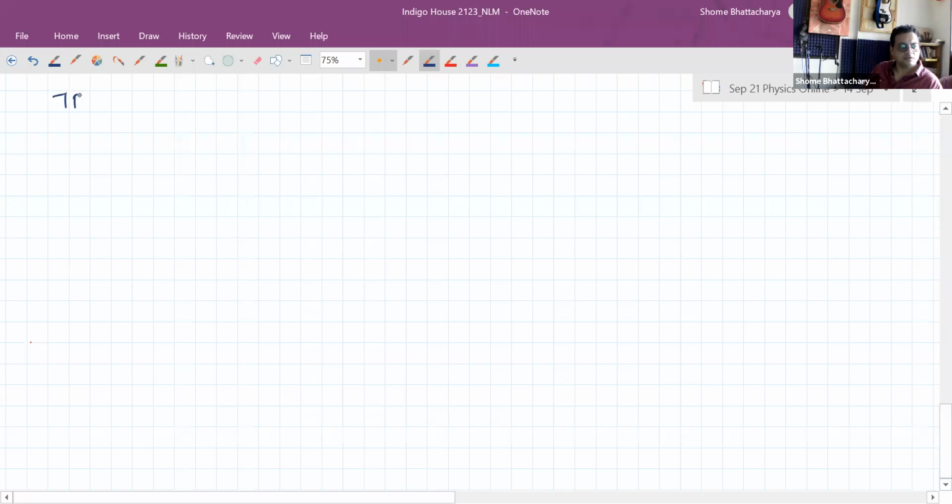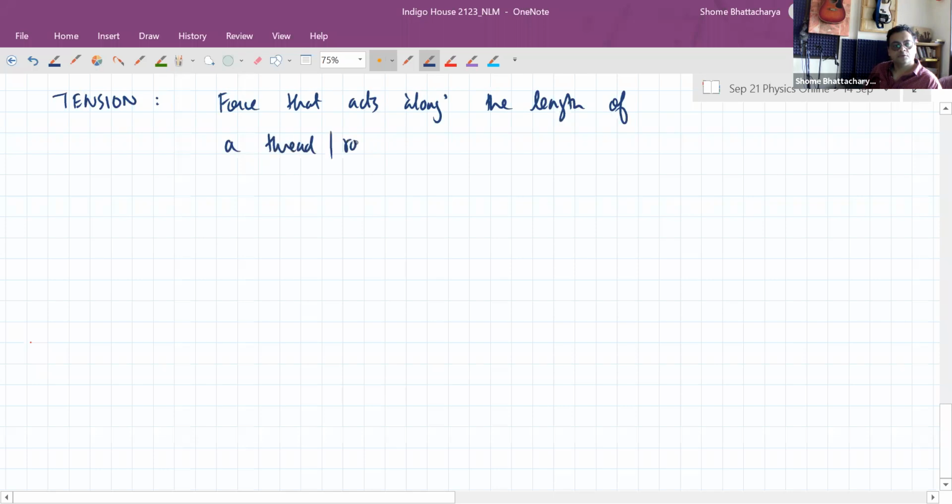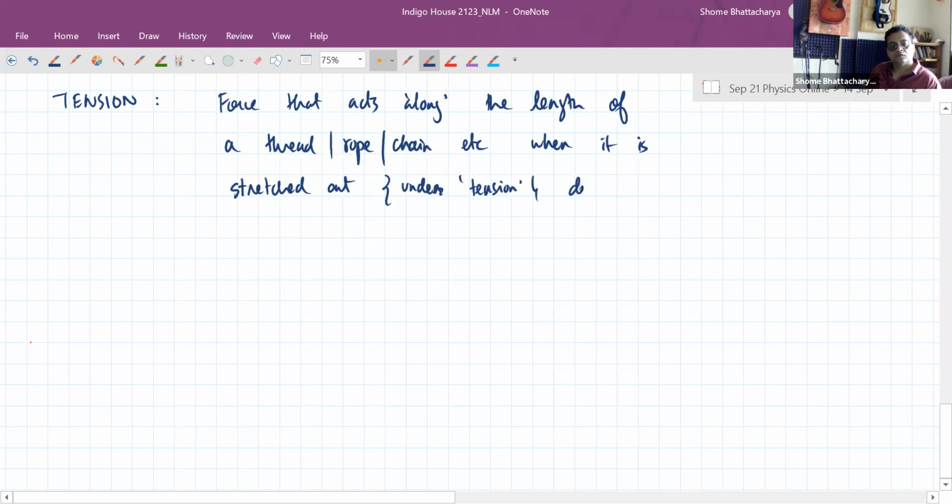So we had seen last time tension is a force that acts along the length of anything like a thread or rope or chain, etc. when it is stretched out or under tension due to external forces. Now, the important next thing that we learn today here.